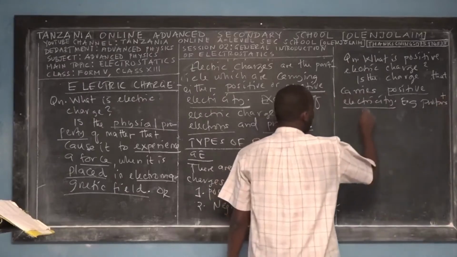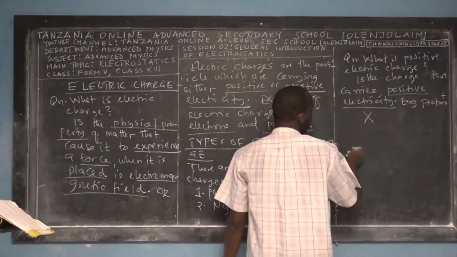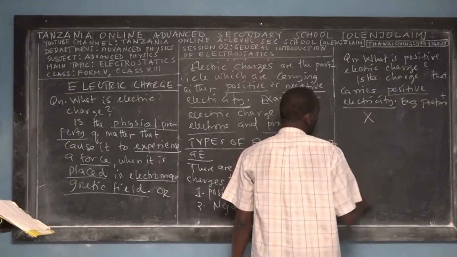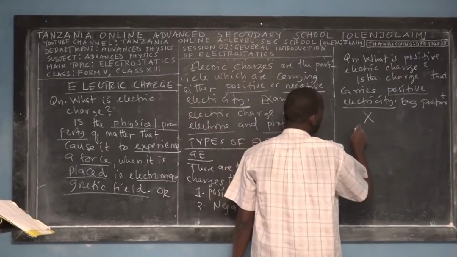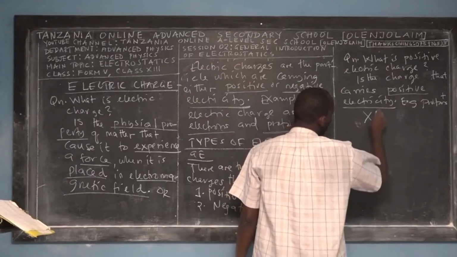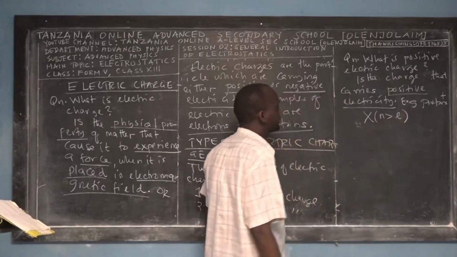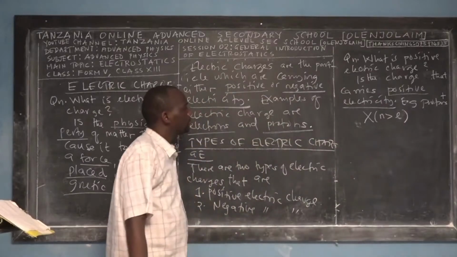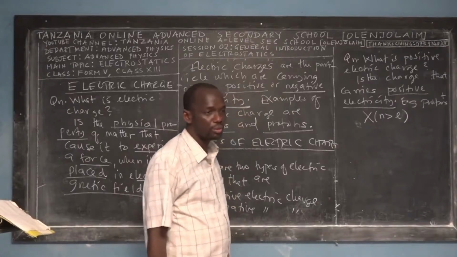So for example, if you have an atom X and for this element, the number of protons is greater than the number of electrons, then for that case, that atom will allow only positive electricity to flow through it.